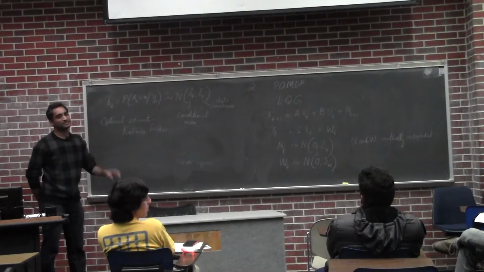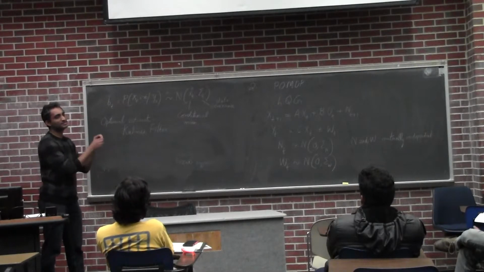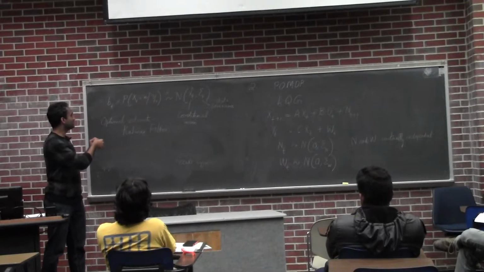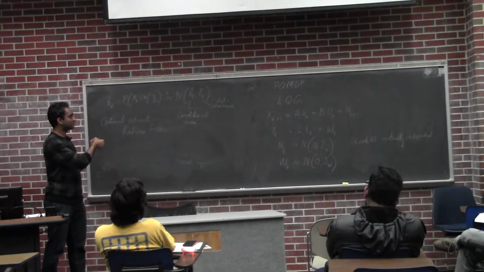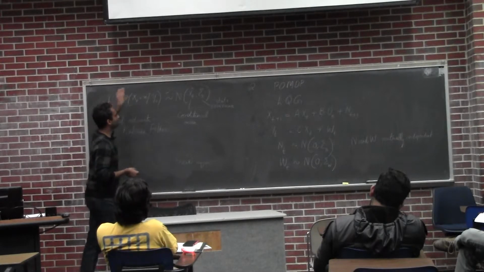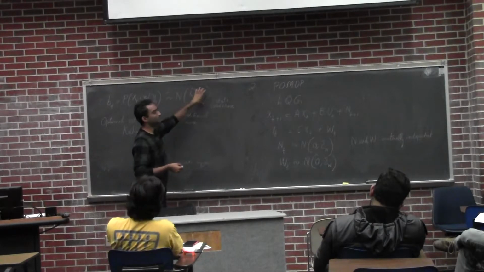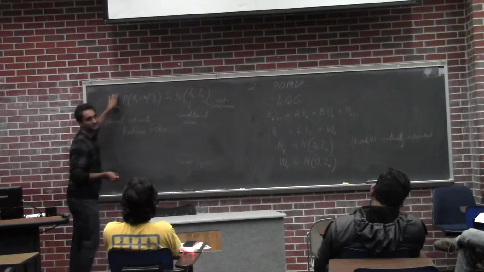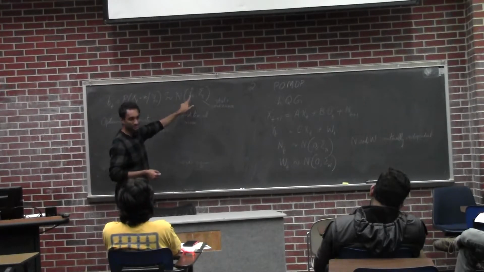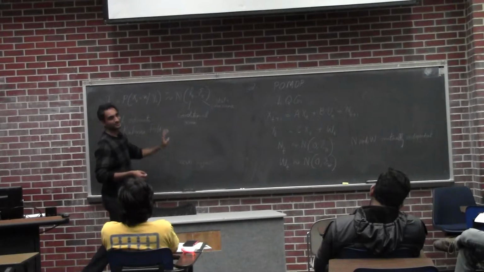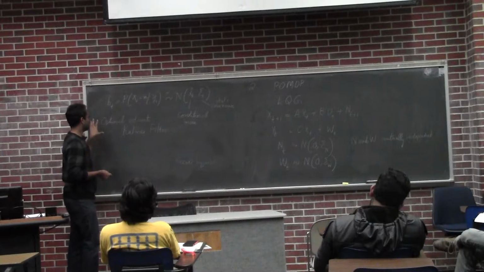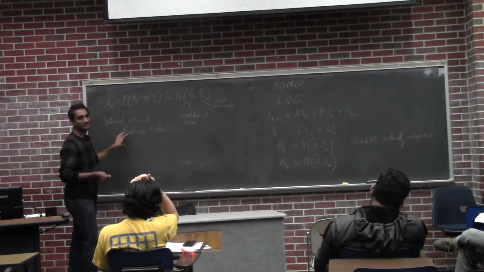So usually it is a vector of d dimensions, where d is the size of the state space of the Markov chain. But in this particular case, if you know the conditional mean and the covariance, you pretty much know everything. For a Gaussian system, you just need to know these two quantities, right? So that's the idea. And so the optimal estimate in this case is given by the Kalman filter.